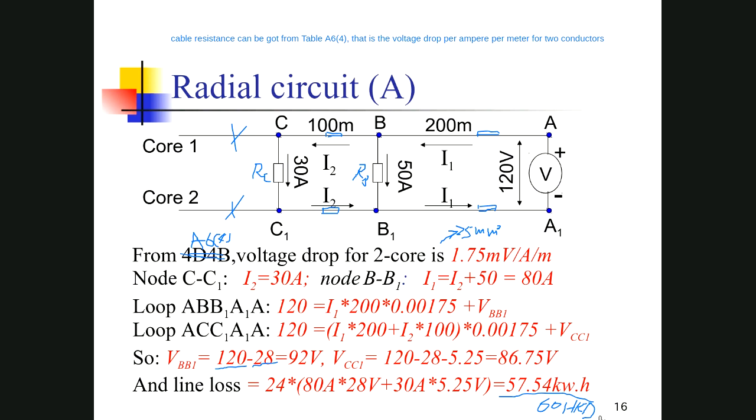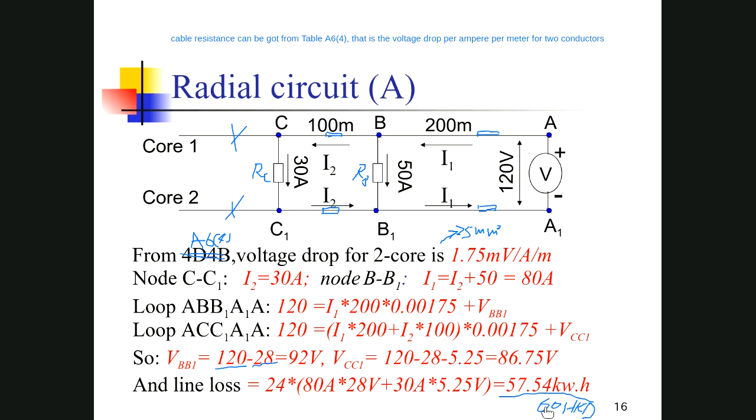So this is the energy loss on the cables. In practice, our homes use the electricity and the power company just charges the power consumption in homes, but actually they get energy losses along the very long distance power distribution lines.